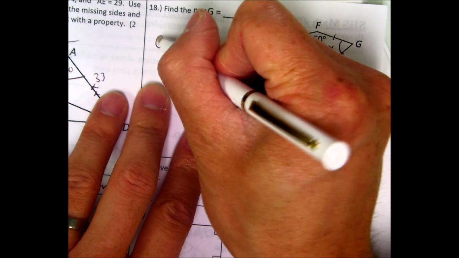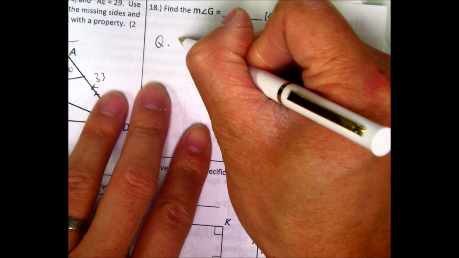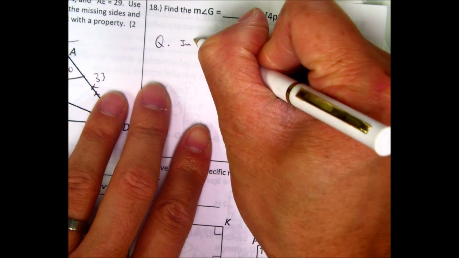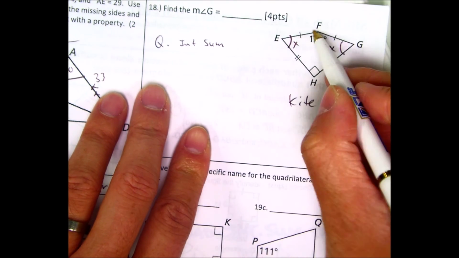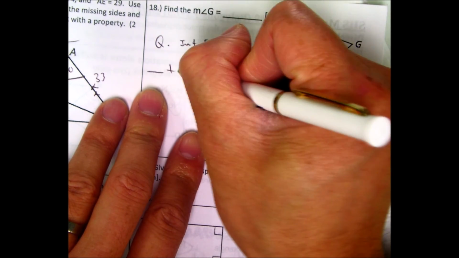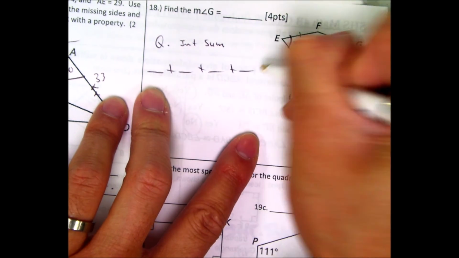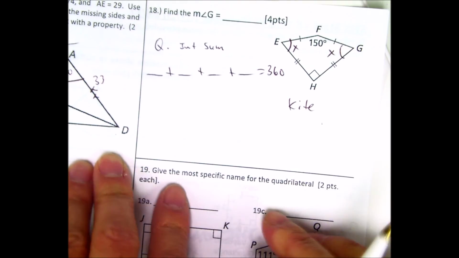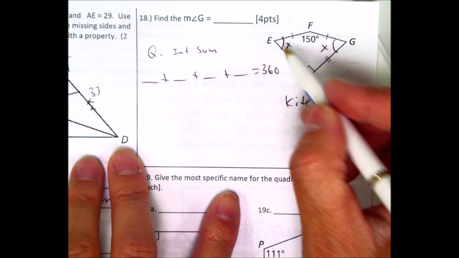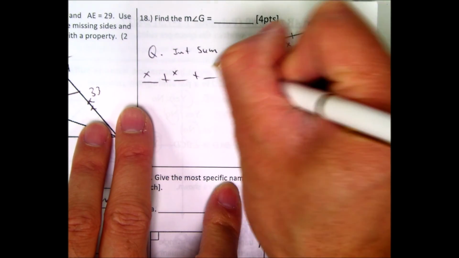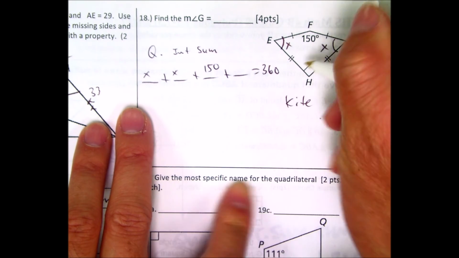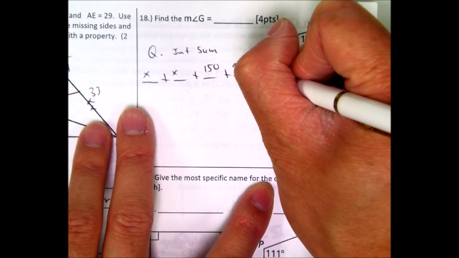Here we talked about yesterday the quadrilateral interior sum. It has 4 sides, so you can do 4 blanks, just like the triangle sum theorem. And in each of those blanks, you're just going to go ahead and put in all of those. So x, x, 150, and this one here, the box, is 90.